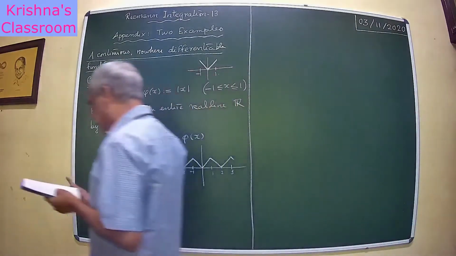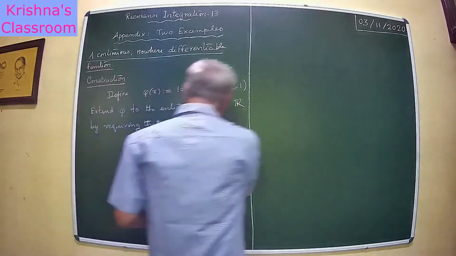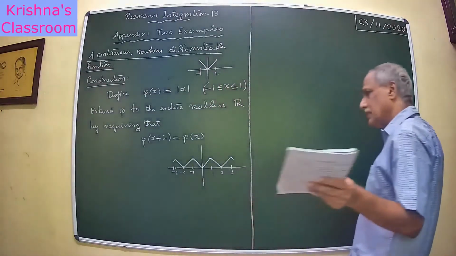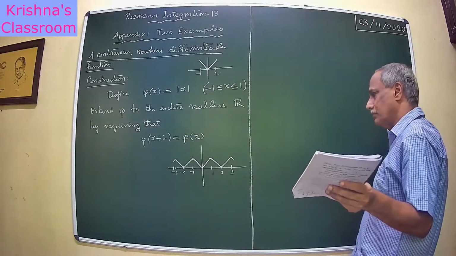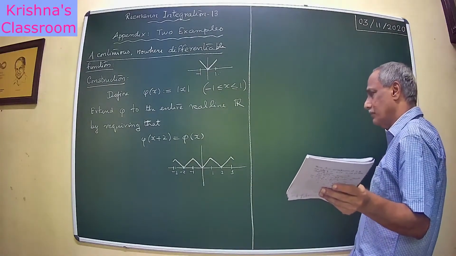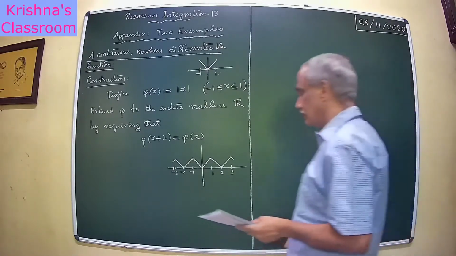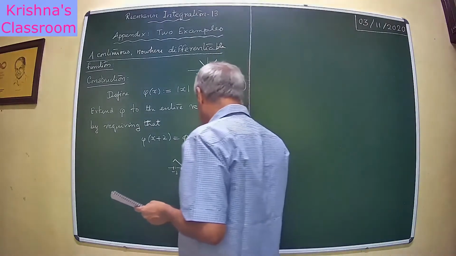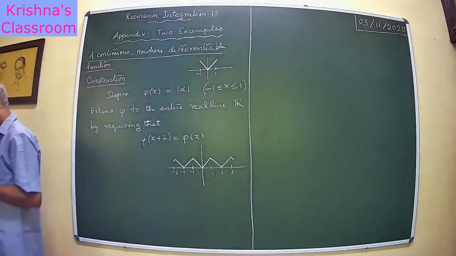So now you have a function which is continuous on the whole interval -infinity to +infinity, and fails to have a derivative at all integer points. Because you see that because of the sharp peaks appearing at that point, you have non-differentiability.